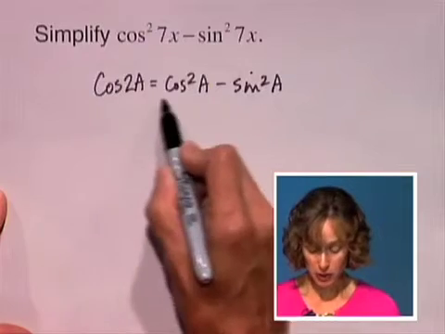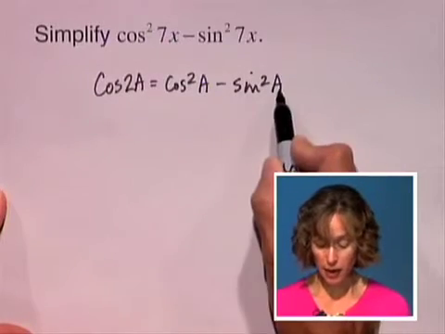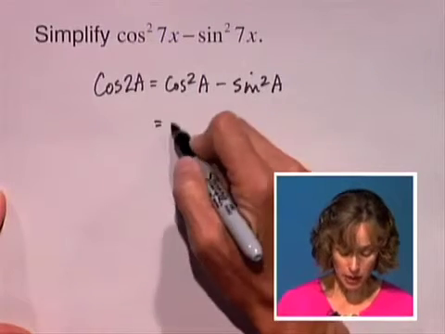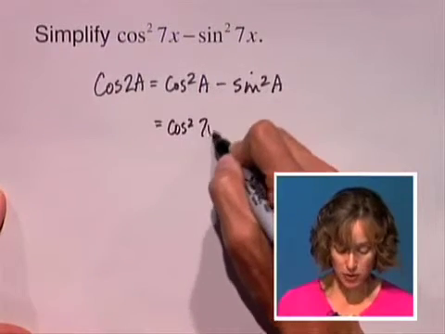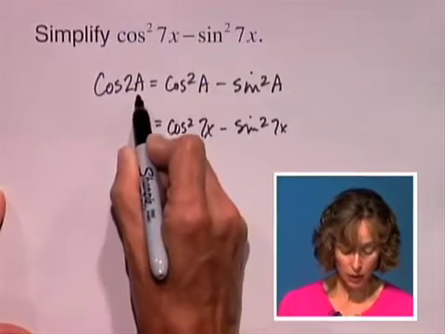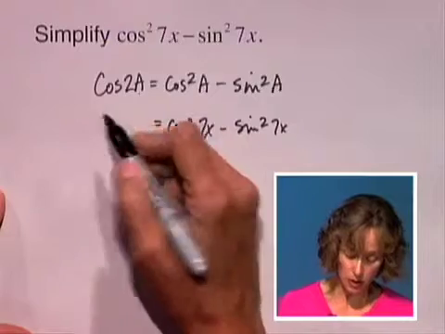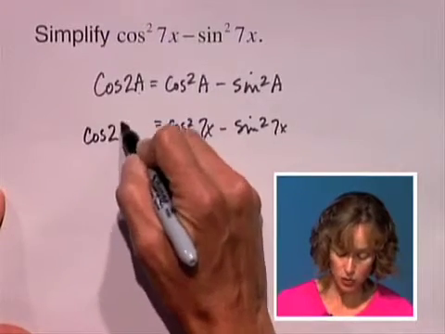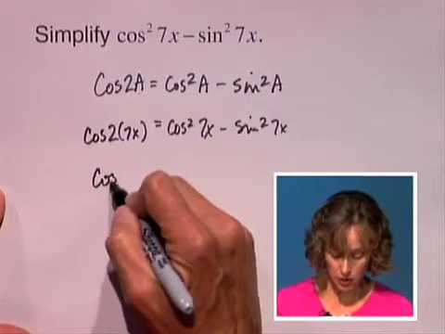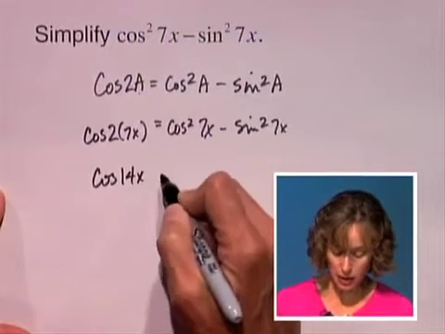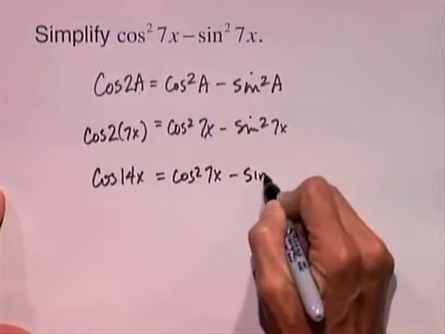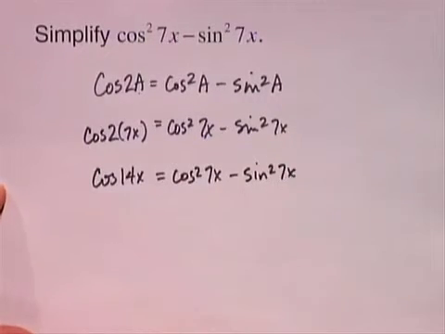Well, what I'm going to do in this identity is replace a with 7x, and the right-hand side will be cosine squared of 7x minus sine squared of 7x. If I replace a with 7x on the left, I end up with cosine of twice 7x. The left side simplifies to the cosine of 14x, and I've simplified my expression.